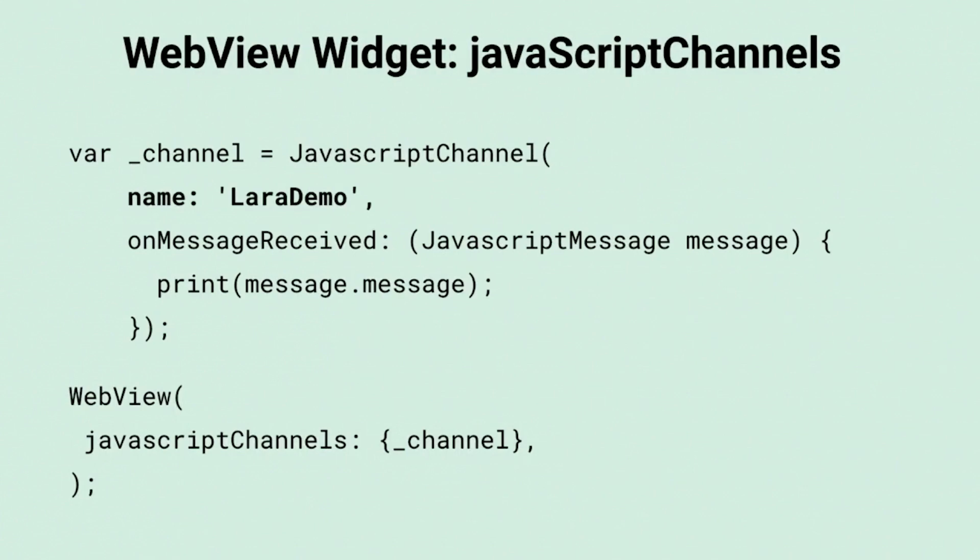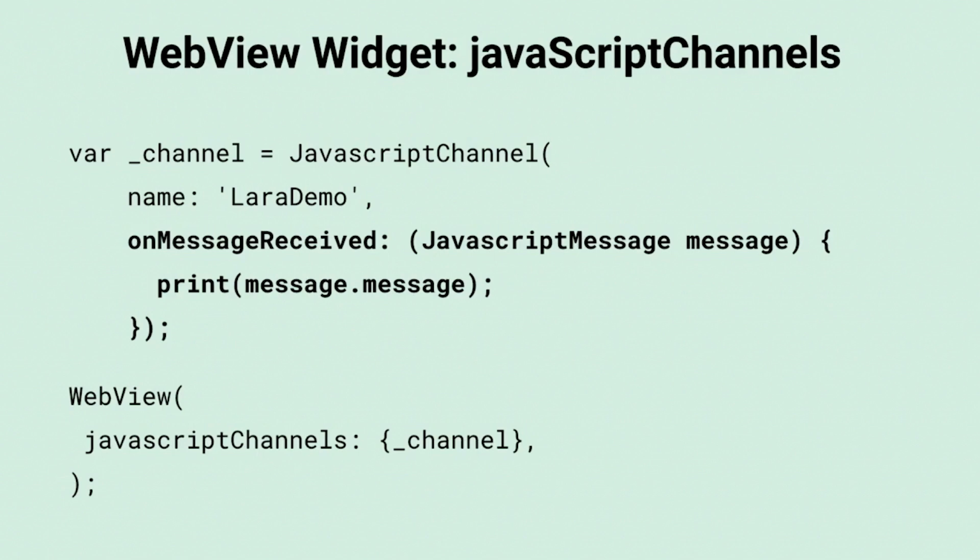One is a name, which is going to be used on the JavaScript side. This will look like a static class object. And then I have my onMessageReceived, which is another callback. This is basically receiving the message that JavaScript is sending, which for now is only a string.